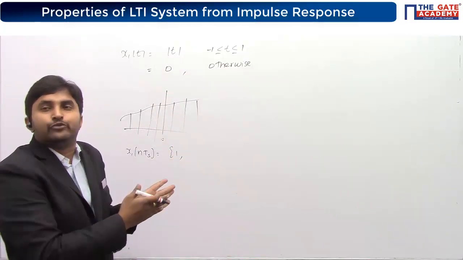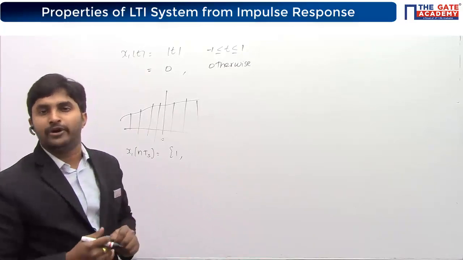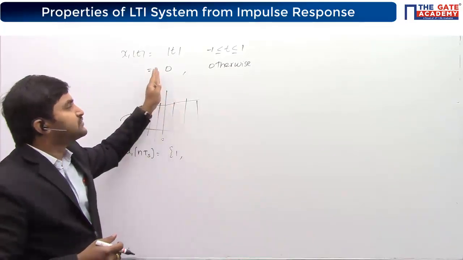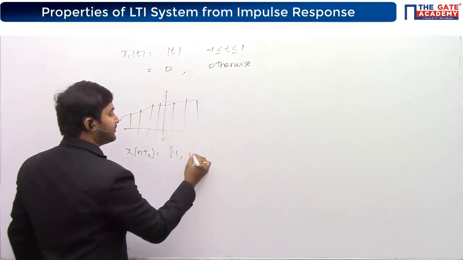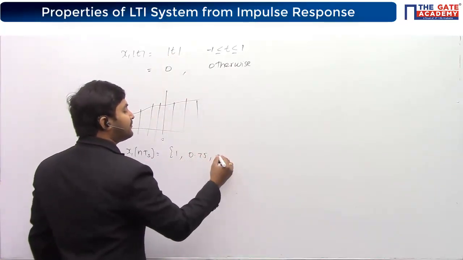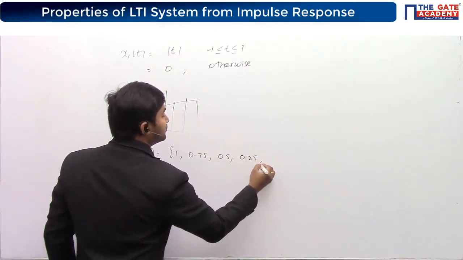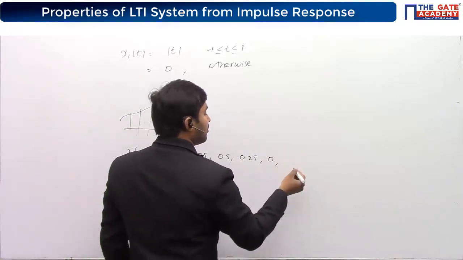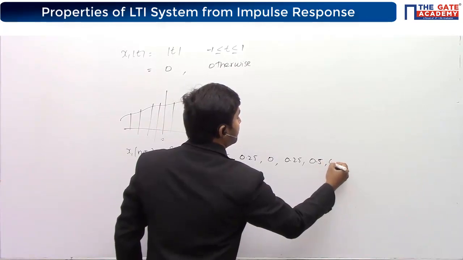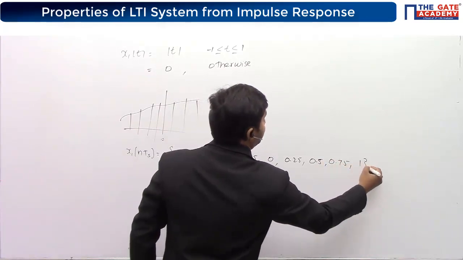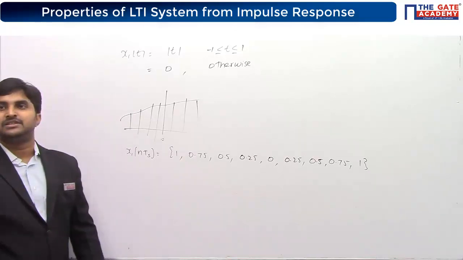After minus 1 we take minus 0.75 because the sampling interval is 0.25 seconds. Mod of minus 0.75 is 0.75, then mod of minus 0.5 is 0.5, mod of minus 0.25 is 0.25, mod of 0 is 0, mod of 0.25 is 0.25, then 0.5, 0.75 and 1. This is for the first signal.